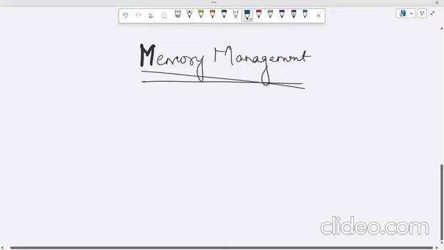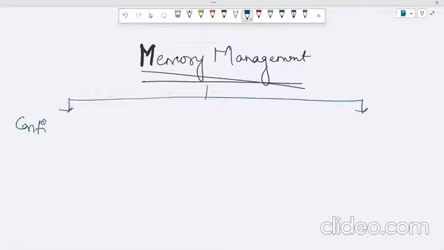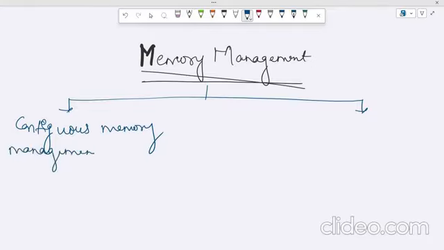So it is divided into two parts: contiguous memory management, and the second is non-contiguous.